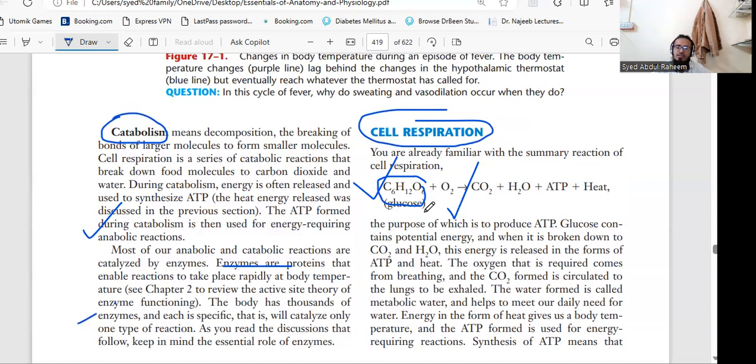With this reaction, the cell will also separate out carbon dioxide. Carbon dioxide, H2O, water, energy and heat are produced. So these are utilized, and we have to remove the carbon dioxide from the cell.